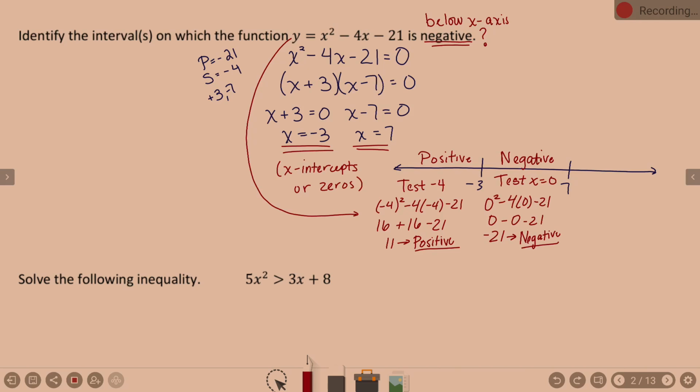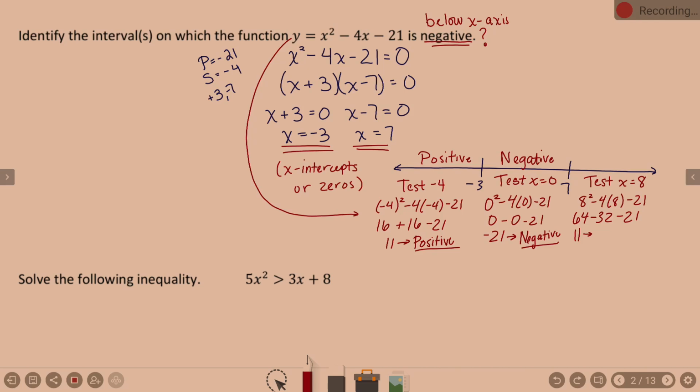How do you test the section to the right of 7? 8. Either or. I'm just going to stick with my process of using x equals 8. 8 squared minus 4 times 8 minus 21. 10 actually wouldn't have been bad on this one, would it? 10 would have actually probably been better. 8 squared is 64 minus 32 minus 21. 64 minus 32 is 32. 32 minus 21 is 11.